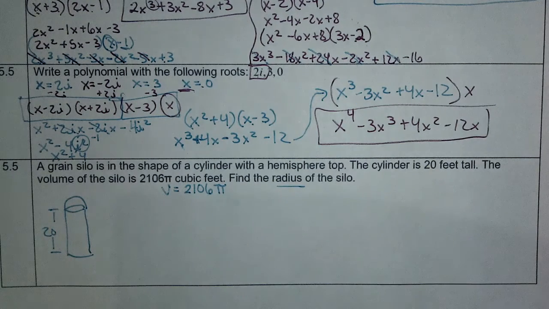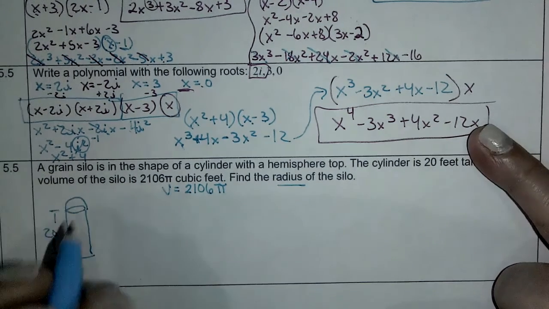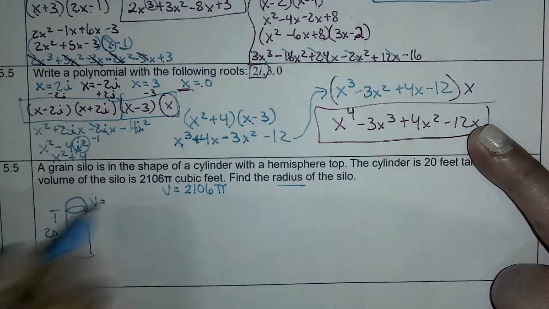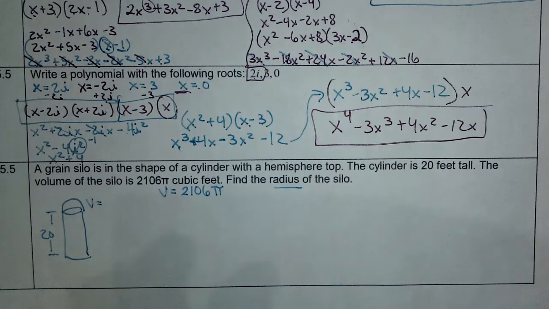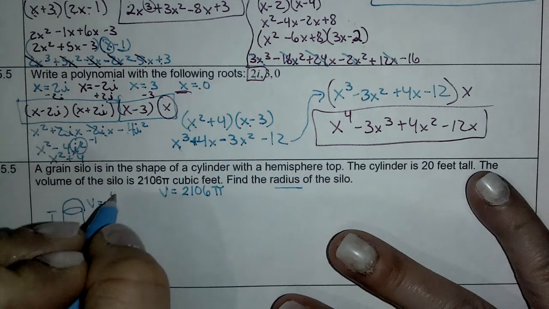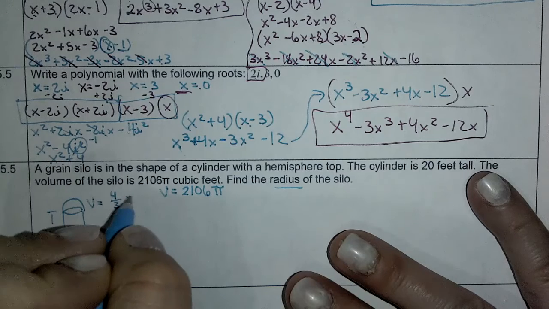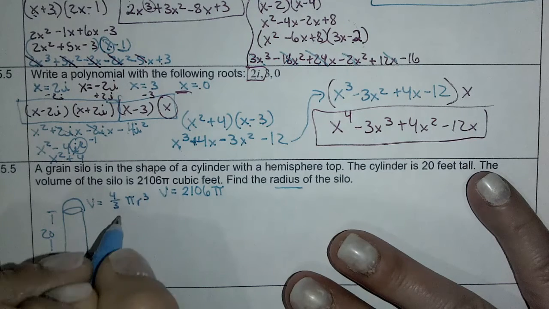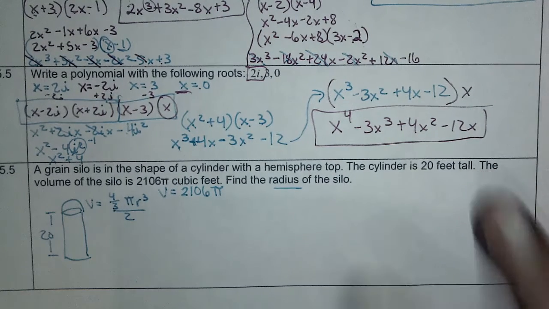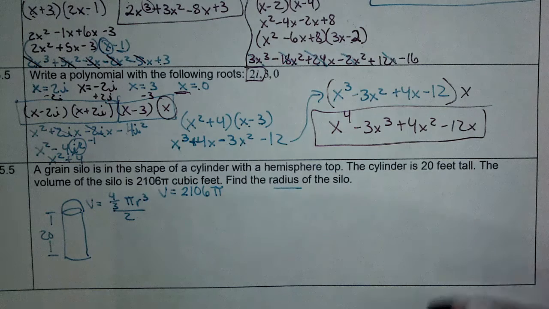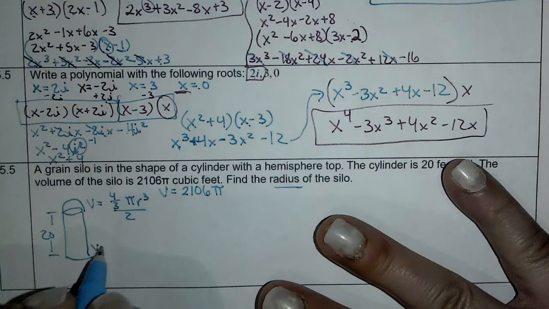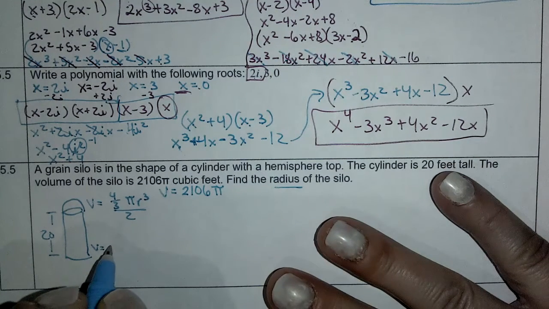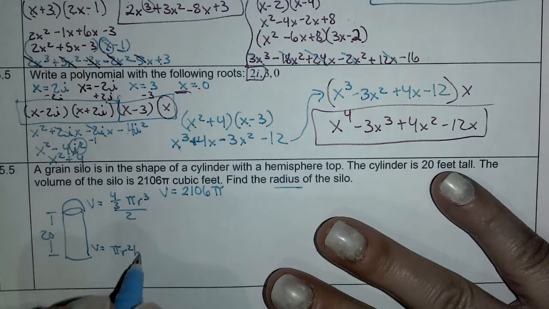So now we need to find the volumes of each shape and add them together. The volume of a sphere is 4/3 pi r cubed, but we're only using half of the sphere. And the volume of a cylinder is pi r squared times the height.